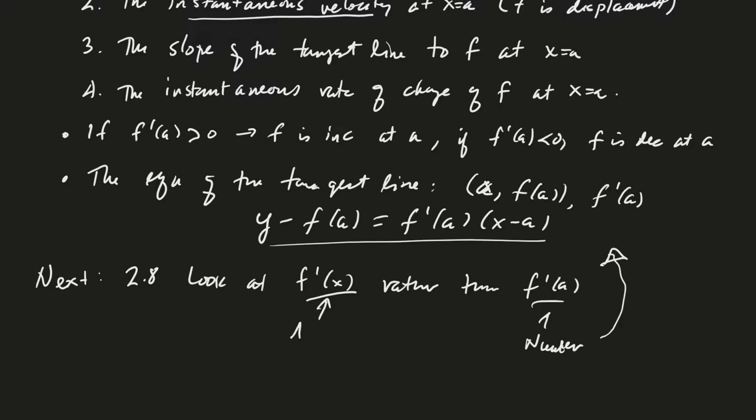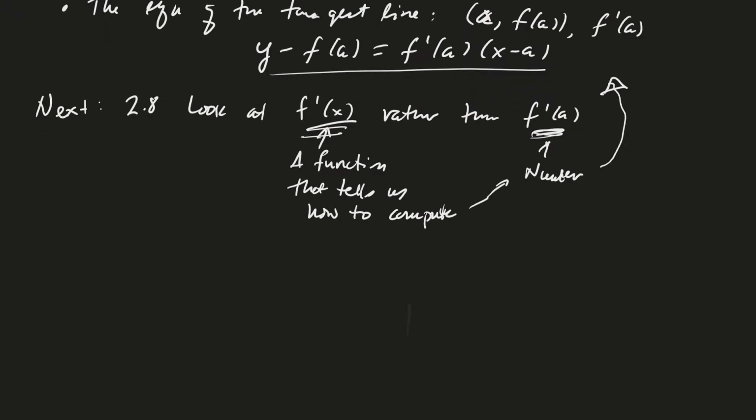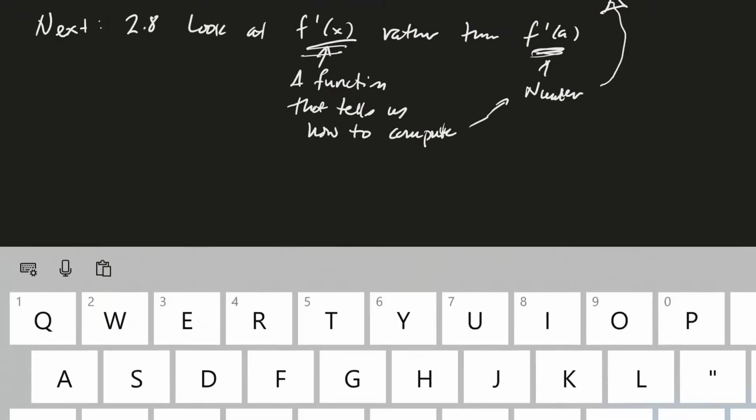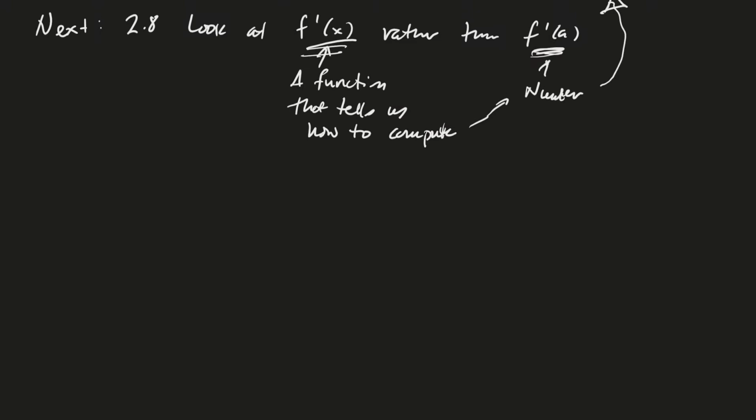This is a function that tells us how to compute the f prime of a, right? So instead of computing f prime of a at each value of a, f prime of x will be a formula for computing, for example, the slope of the tangent line, or a formula for computing the instantaneous rate of change of the function. Okay, and so let's go ahead and just start in with our definition, and we'll just go from there and try some examples.